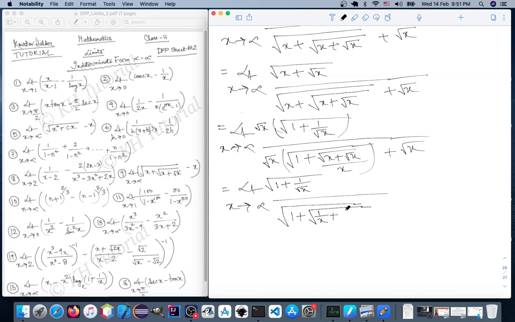Anyway, so it will be like x square, so x root x plus 1.